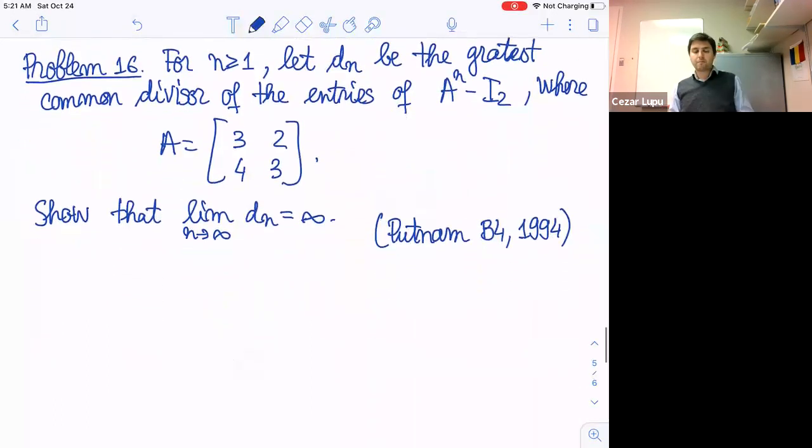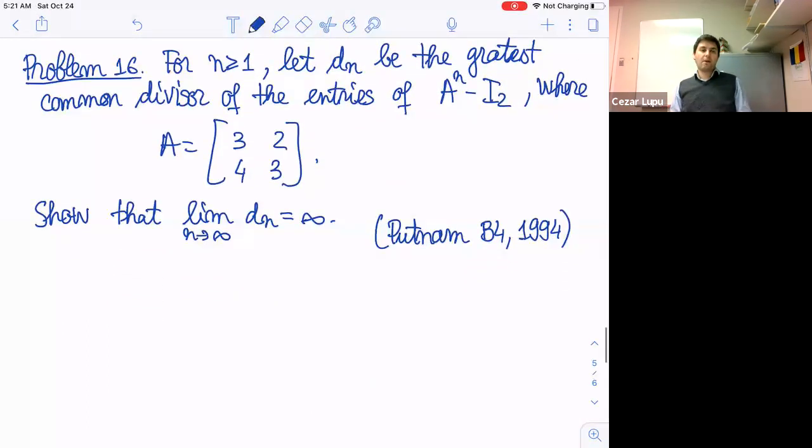All right. Again, this is not a hard problem, it's an easy problem as well. In fact, we can even probably compute explicitly, but we don't have to write it explicitly.